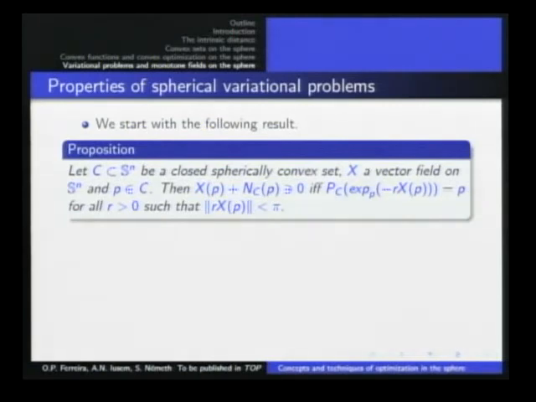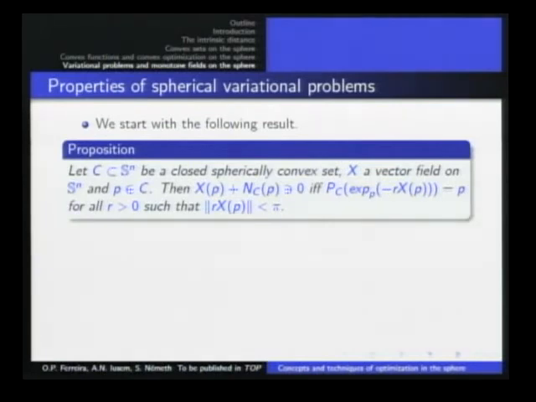This is equivalent to the fact that, in the Euclidean case, you take a point, you move with the operator, and project to C, and you have to recover the same point if it is a solution. This is for all r positive, with a constraint on the field: r times the value of the field has to be less than P.